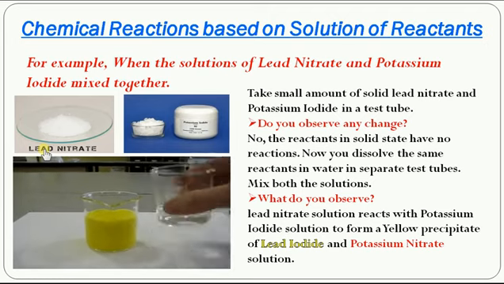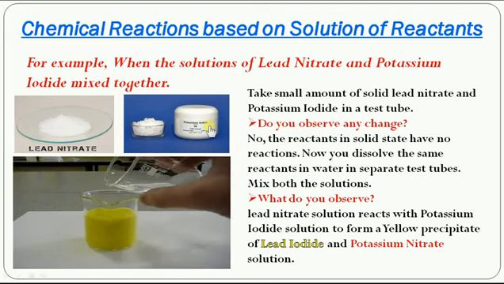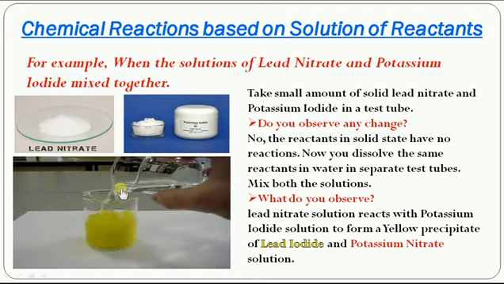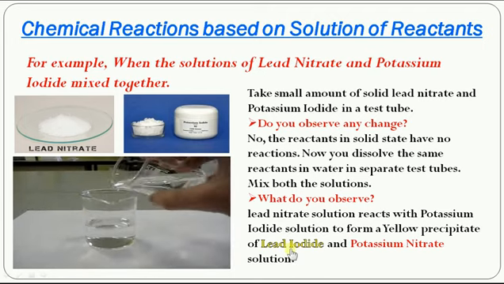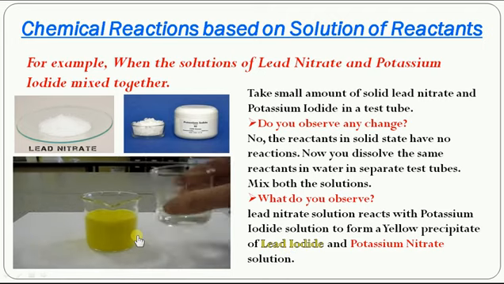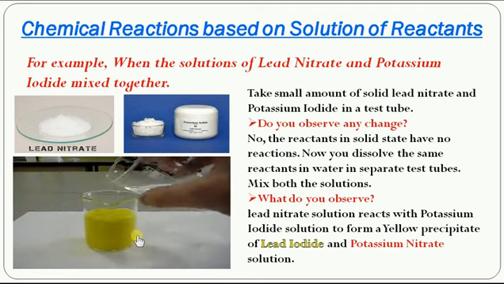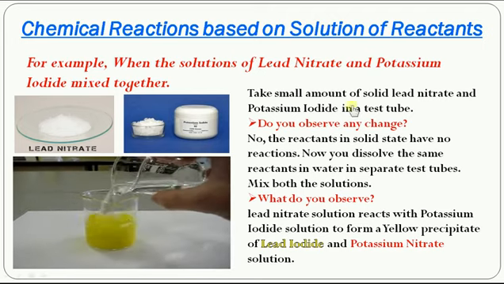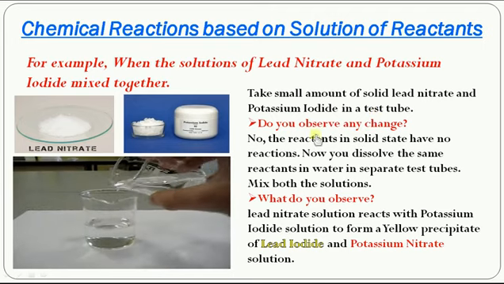The ions are now free to move in and around in the solution. Now when you mix the lead nitrate in water and the potassium iodide in water and then mix them together, you'll get a yellow color precipitate like this, which is nothing but lead iodide. So this happens only when you mix the solutions, not in the solid state. Take a small amount of solid lead nitrate and potassium iodide in a test tube. What do you observe? Nothing.